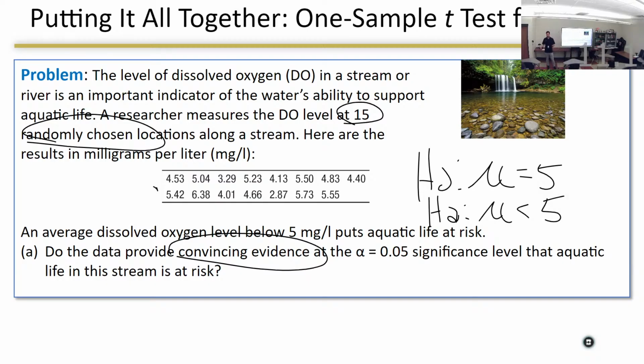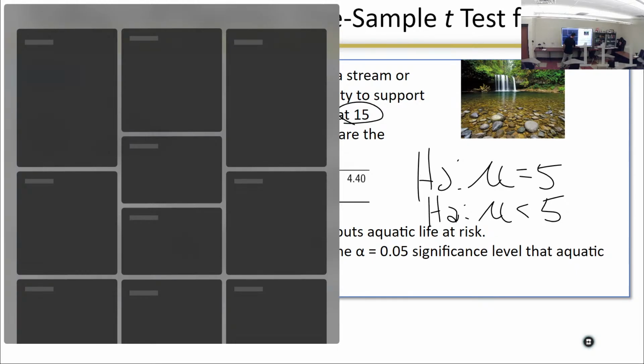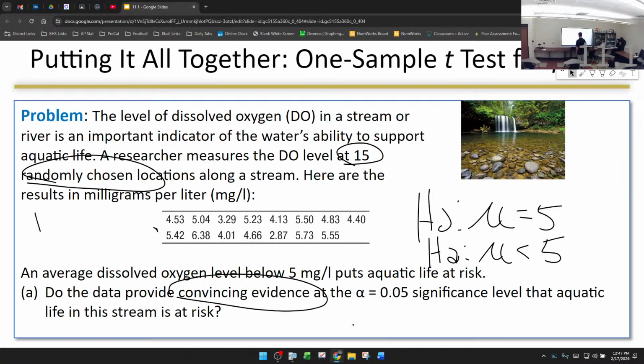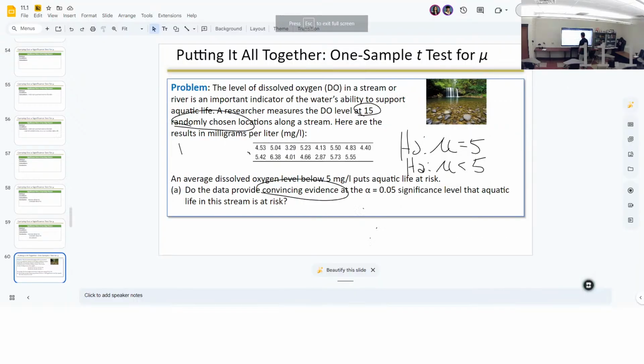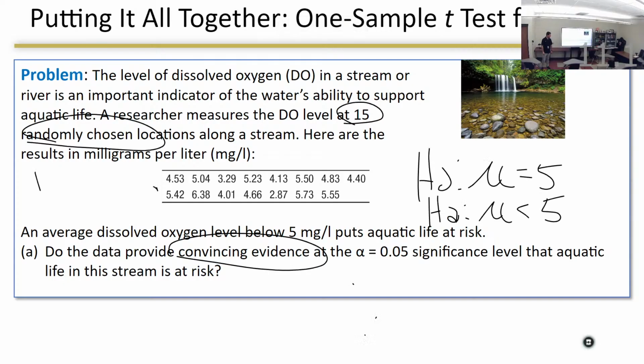And make sure you tell me what mu is. Mu is the true mean DO level.